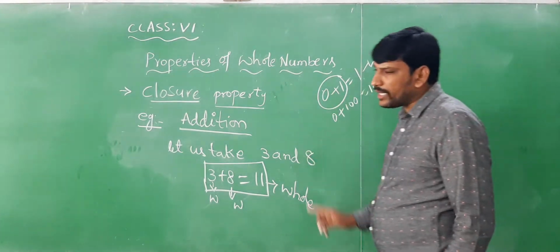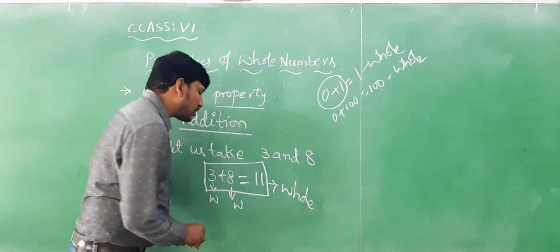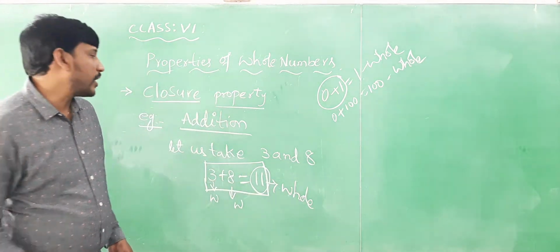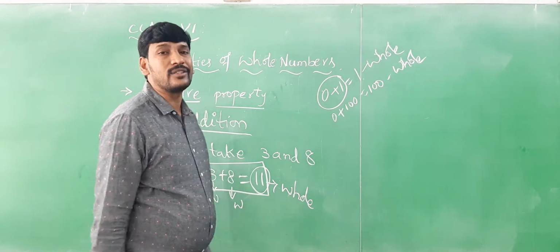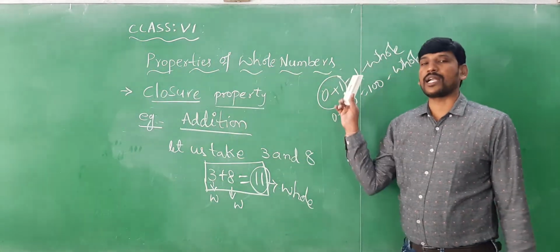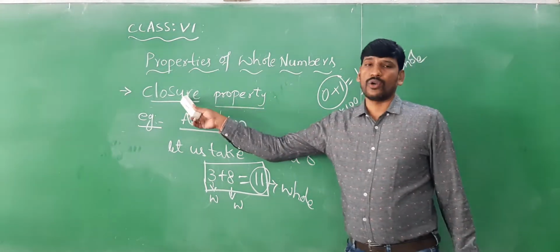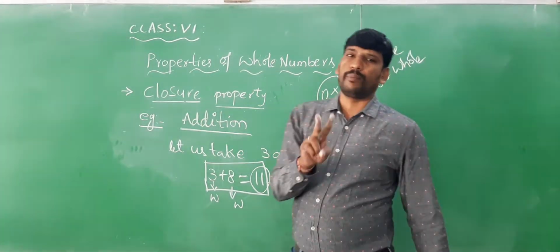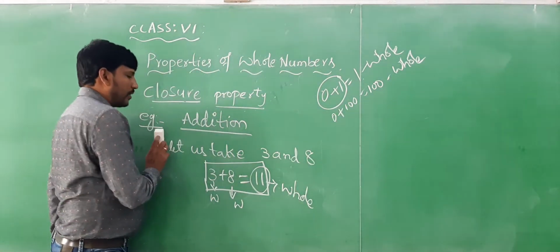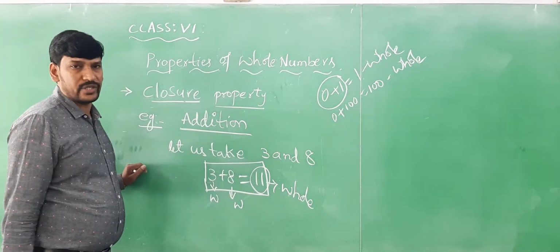So by adding any two whole numbers, the result is always a whole number. Therefore, closure property is satisfied under addition. Sorry, children, I said commutative by mistake; it is closure property that is satisfied under addition. Take any two whole numbers, and the closure property is satisfied under addition.